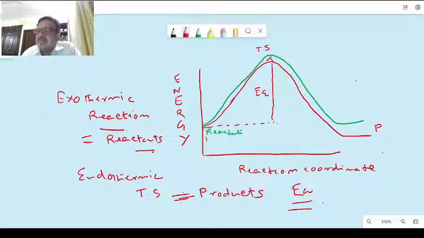So in an exothermic reaction, Ea is more or less similar for both pathways, both mechanisms here. Therefore, decreasing the energy of the product has little or hardly any effect on the energy of the transition state here. Now, you have seen the importance of these energy diagrams; they show how the energies of the transition state and the products are related.